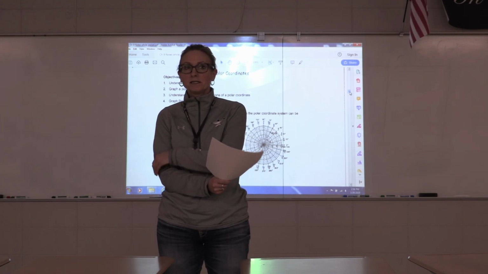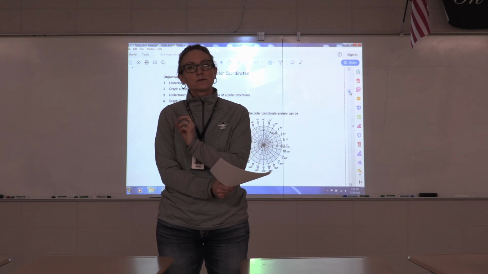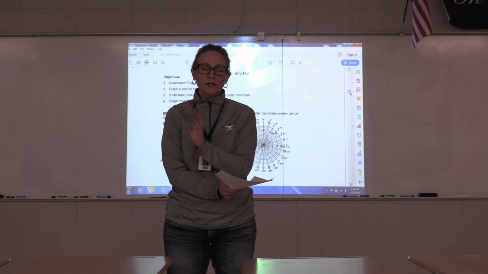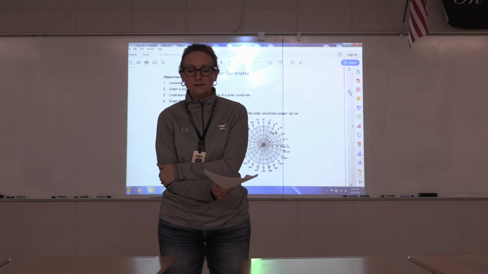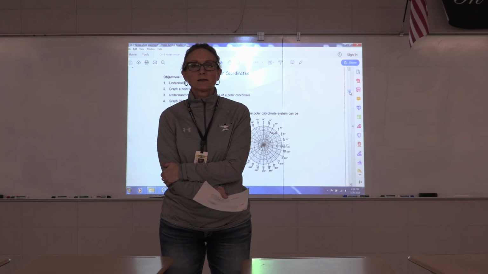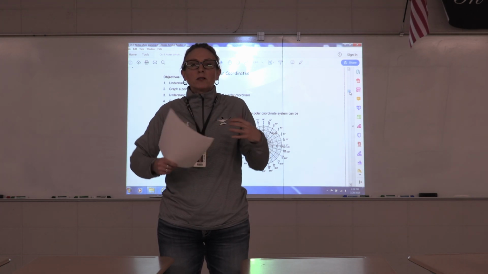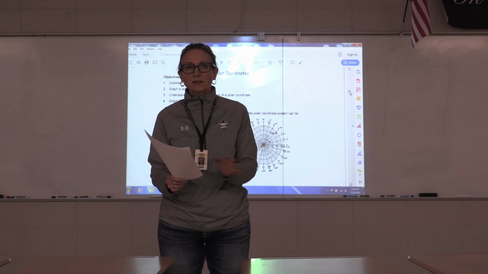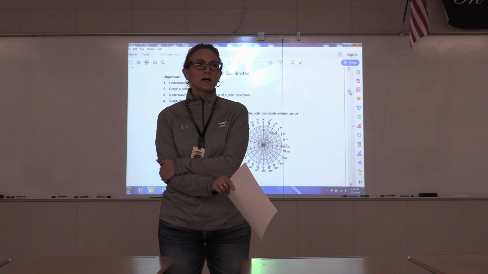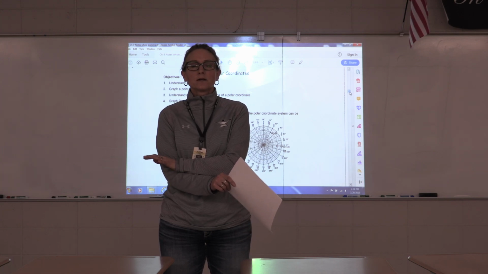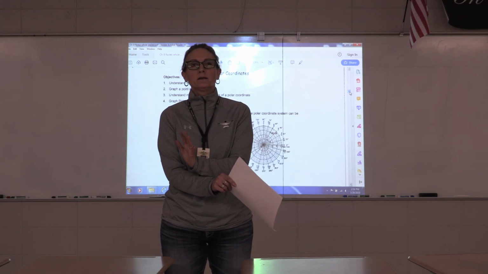Chapter 9 does have somewhat to do with trig, but not trig identities, not the orange card, maybe a little bit, but not as intensely. It's exciting because this is something completely new. We're going to learn how to graph on a totally different coordinate plane.